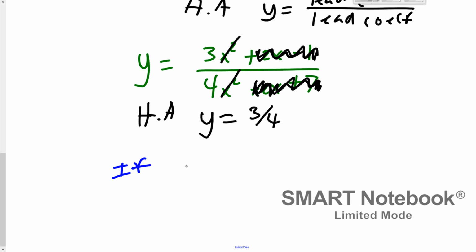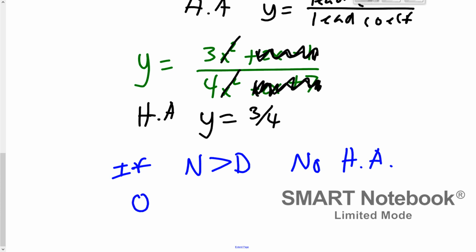So if the degree of the numerator is bigger than the degree of the denominator, then you have no horizontal asymptote, and what you have is an oblique asymptote. So maybe spell this right, oblique, U-E.